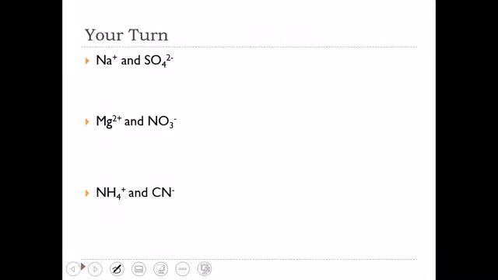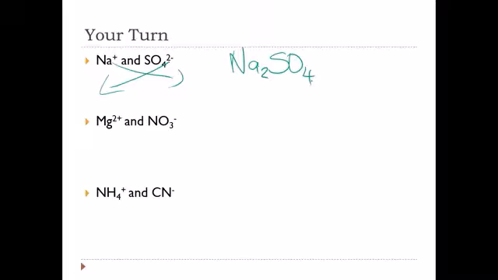Okay, so your turn. Write formulas for the ionic compounds formed from the positive and negative ions shown, where one or more polyatomic ions are involved. And also see if you can name them, and you may need to refer to that list of polyatomic ions. Again, crisscross, applesauce. So let's write it. Na2SO4. Notice this subscript was originally there behind the oxygen, and so that remains.